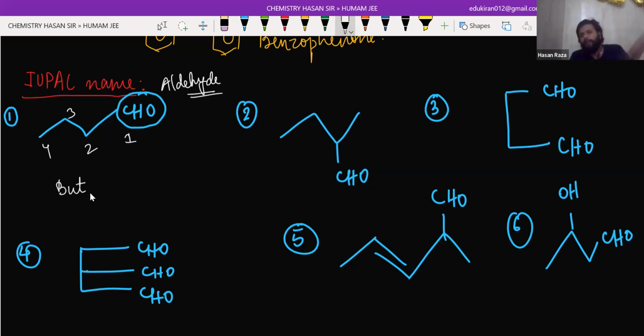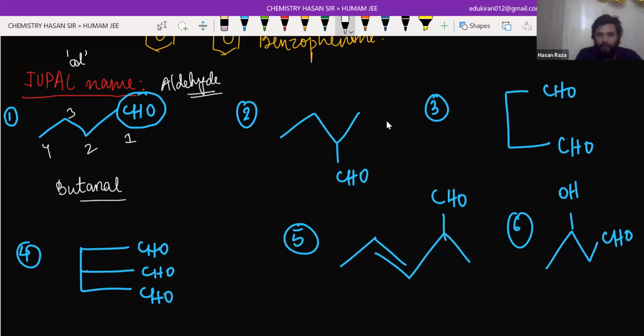There is no branch, so directly write but. Then think about the nature of the carbon-carbon bond. Since it is only a single bond, we write an. But-an-e. And at the first position, aldehyde is coming, and for aldehyde we write al. So we can write butane-1-al or butanal. Is that clear, Homa?